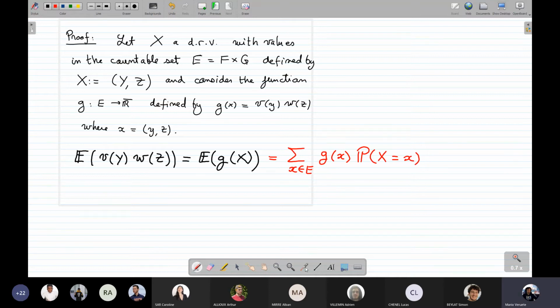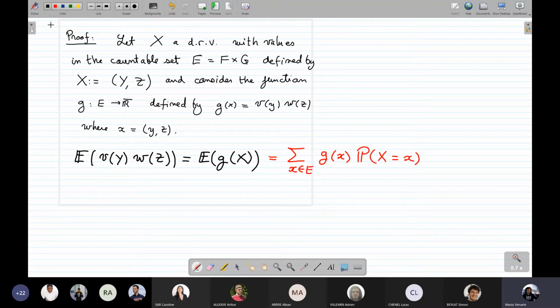Is it clear for you? You construct useful notations to simplify the problem, and by definition of the expectation, we get that.